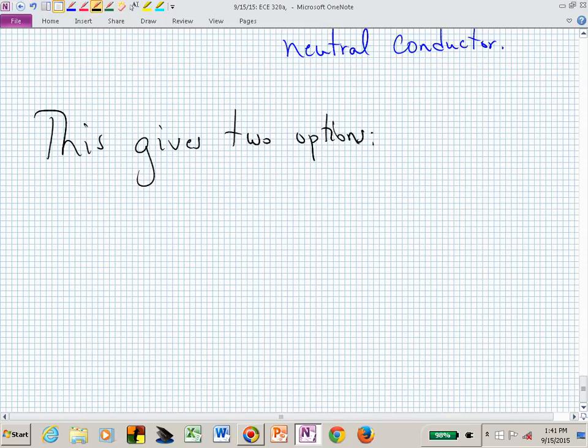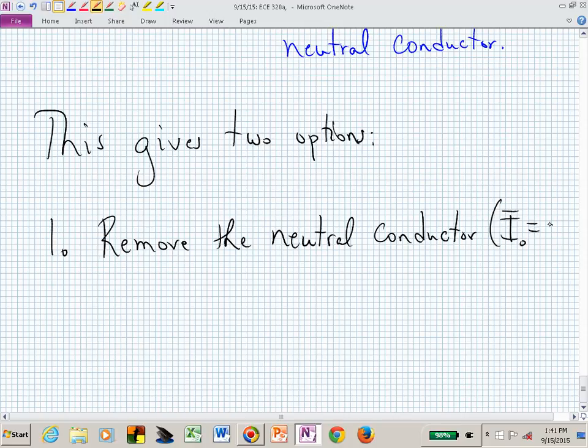There's nothing flowing in it. Let's just remove it. That's one option: remove the neutral conductor, since I sub 0 bar is equal to 0.